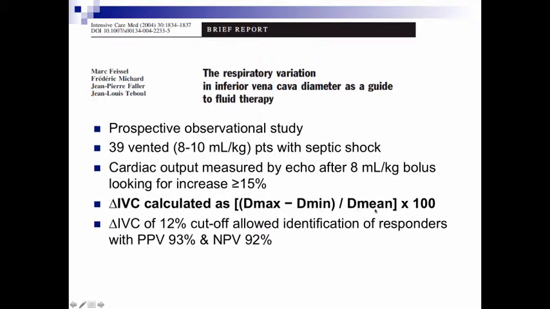So they basically took the max and the minimum, averaged them, and then the difference between the maximum and the minimum was normalized by the mean and then multiplied times 100. So slightly different number, but similar concept. And they found that the delta IVC cutoff of 12% allowed identification of responders with fairly good positive and negative predictive values. So it works well, perhaps, in mechanically ventilated patients who are relatively passive, receiving 8 mLs per kg or more of tidal volume.